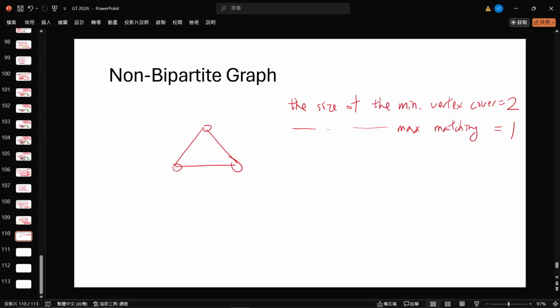But the good news is that if the graph is bipartite, which is part of the reason we discussed bipartite graphs, then the smallest vertex cover has a size that equals the size of the maximum matching. We're going to discuss that next week.